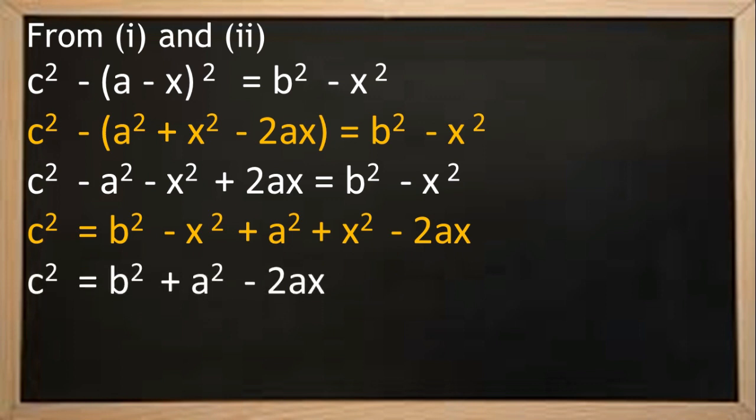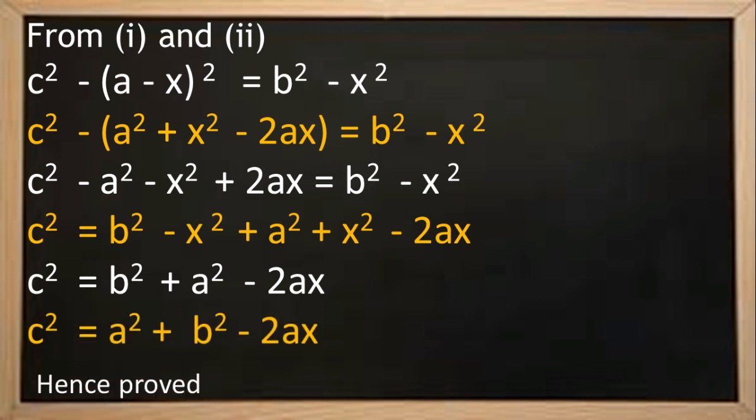As we need c square, all the other terms are shifted from left hand side to right hand side. After shifting, plus x square minus x square will get cancelled and the remaining value is c square is equal to a square plus b square minus 2ax. Hence we have proved.